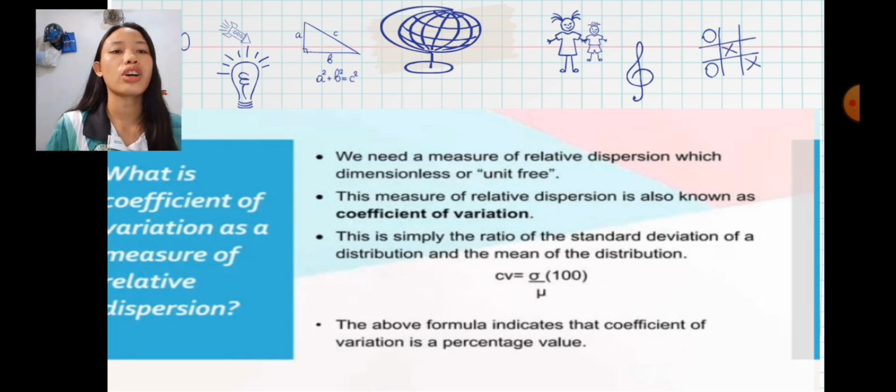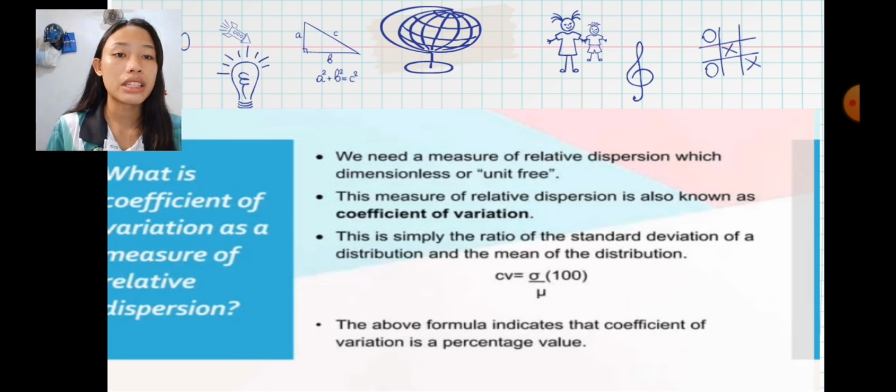This measure of relative dispersion is also known as the coefficient of variation. It is simply the ratio of the standard deviation of a distribution and the mean of the distribution.